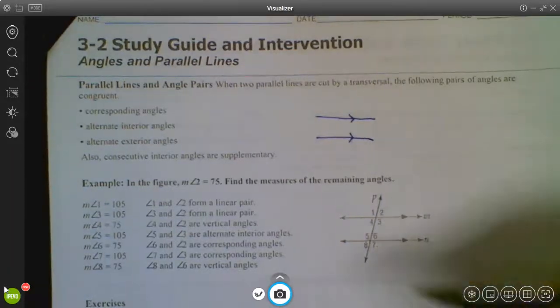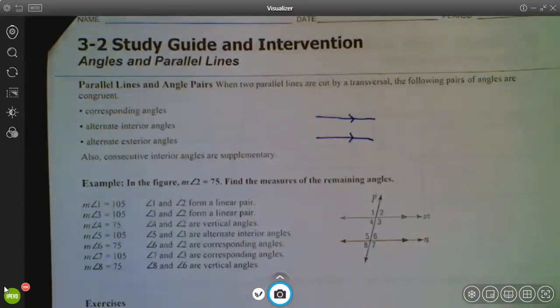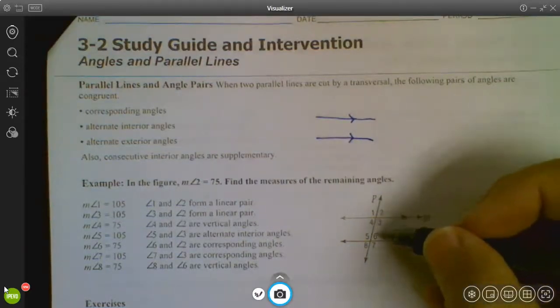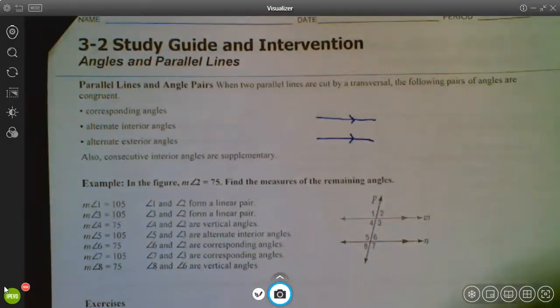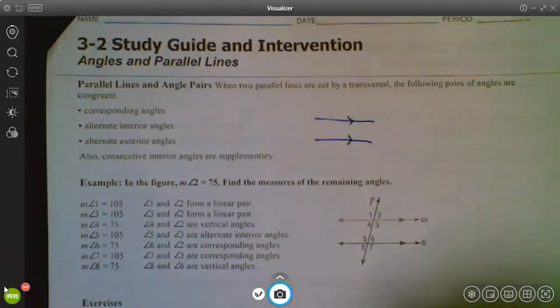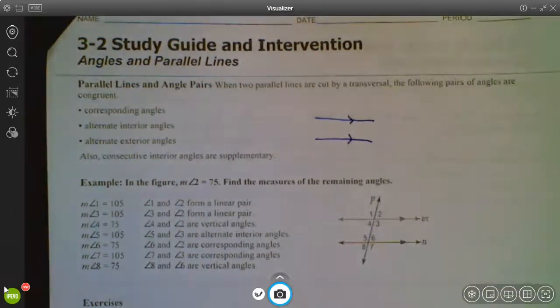So 1 is congruent to 5, 4 is congruent to 8, and so on. Right? So alternate exterior angles and interior, same thing, are also congruent. So 4 and 6 are alternate interior angles. They're congruent if the lines are parallel. 3 and 5 are congruent if the lines are parallel. So alternate interior angles.